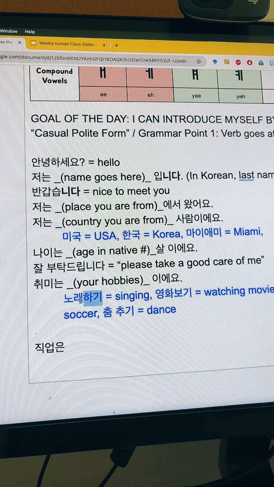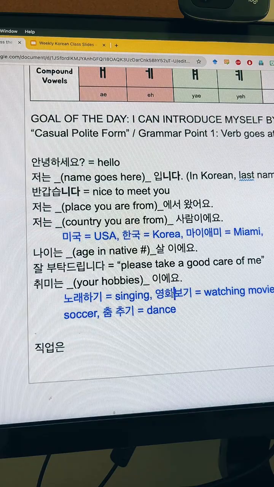So it's the act of singing. 노래하기, act of singing. 영화 보기, the act of watching the movie. 보기 comes from 보다, which means to watch or to see. 영화 means movie. So 영화 보기 means to watch a movie.